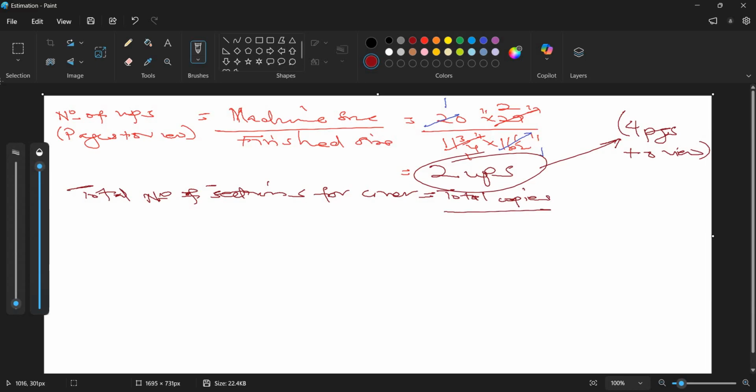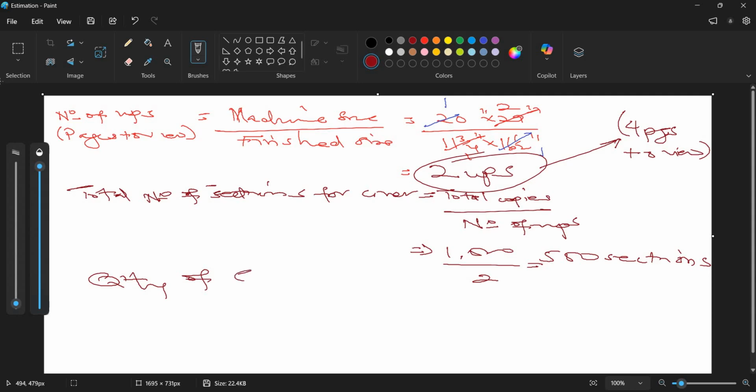Total copies divided by number of ups. Then you get 1000 divided by 2. What do we have here? 500 sections for cover.